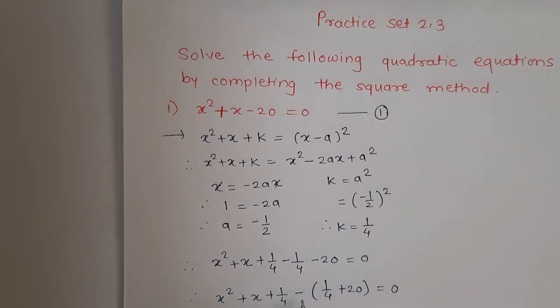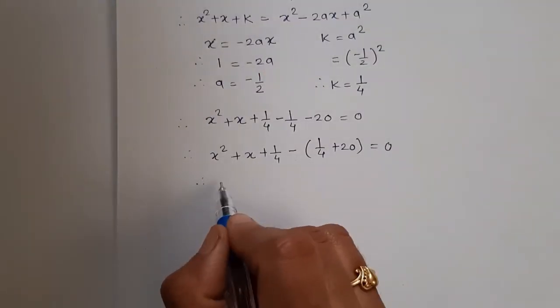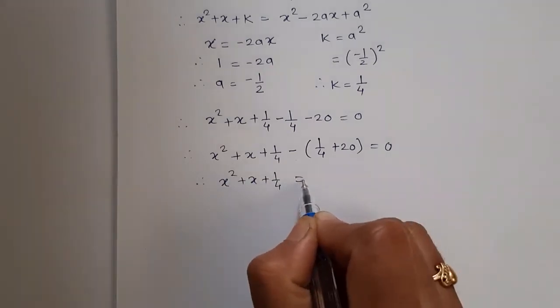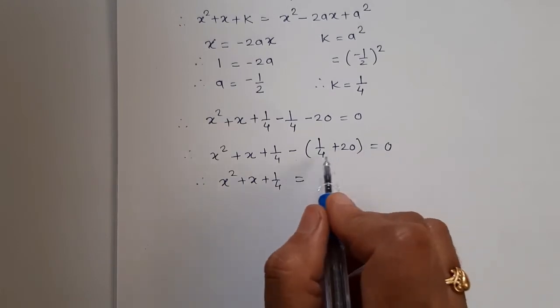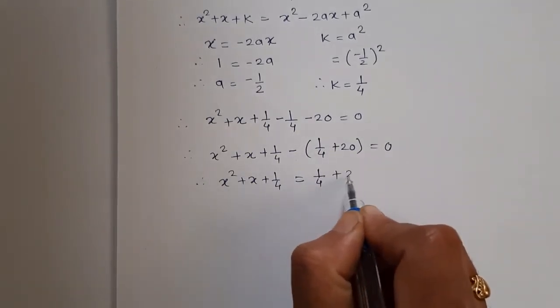When we take minus outside the bracket, inside the bracket the sign is changed. Now after shifting the terms, we get x square plus x plus 1 upon 4 equals to, when we shift the bracket to the right hand side, minus is there, after shifting it becomes plus. So 1 upon 4 plus 20.